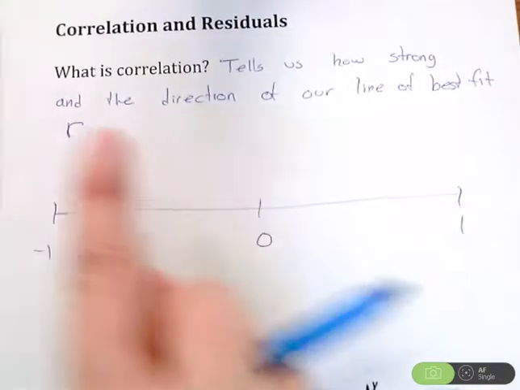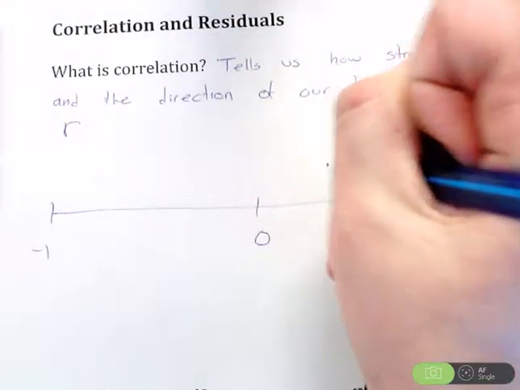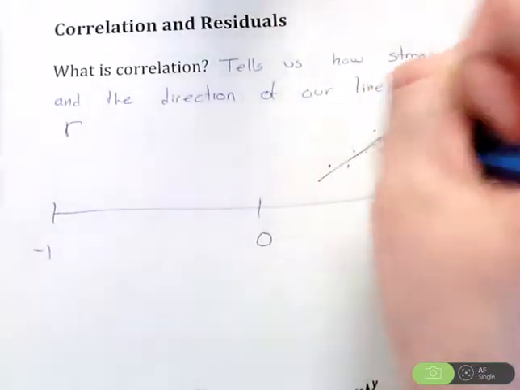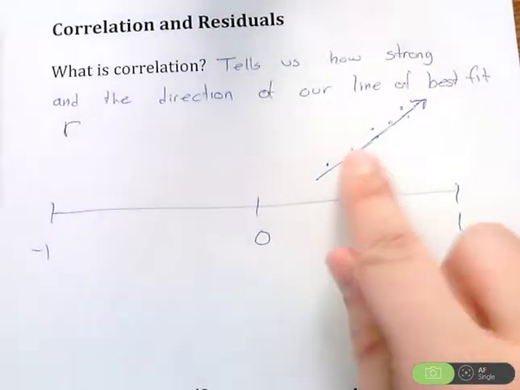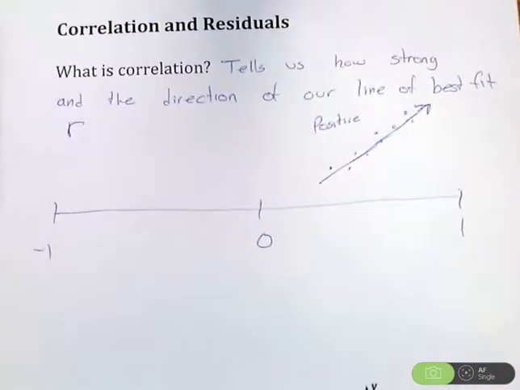If this number R is between 0 and 1, any of these positive numbers, we have a scatter plot that is heading in a positive direction. If the number is positive, our line is heading in a positive direction. It has a positive correlation.